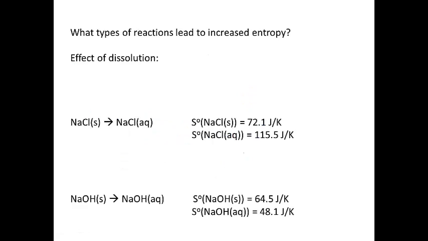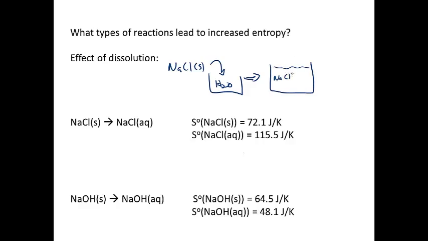Another thing to look at is the effect of dissolution. If you take, for example, sodium chloride, which is a solid, and dissolve it into water to make NaCl aqueous, at first glance it seems that the entropy change should be positive, because the solid sodium chloride has all these positive and negative ions in a regular array, so the entropy of the solid salt is very, very low.